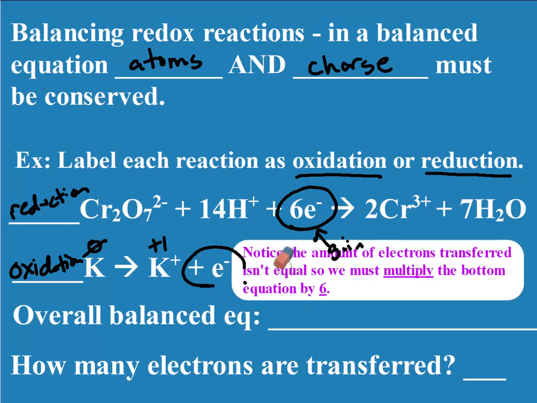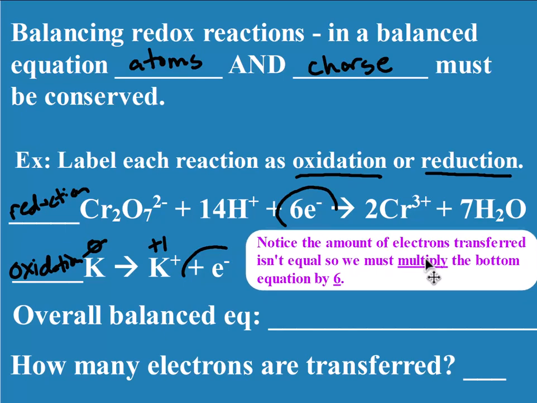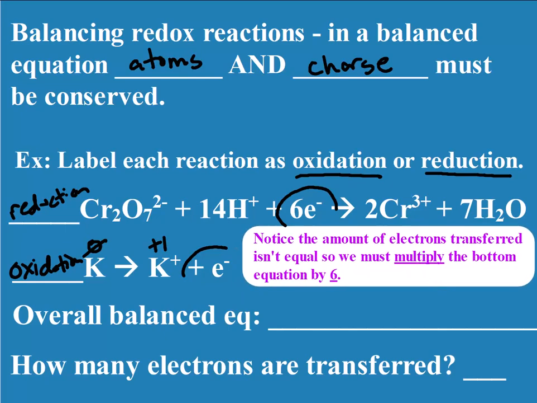So since the number of electrons aren't equal, we're going to multiply this bottom reaction by 6. Sometimes you multiply both reactions, sometimes you don't have to multiply either of the reactions. Or in this case, we have to multiply 1. Now I'm going to add them up, and I'm just going to leave off the electrons because I'm going to have electrons on both sides, which means they should cancel out.